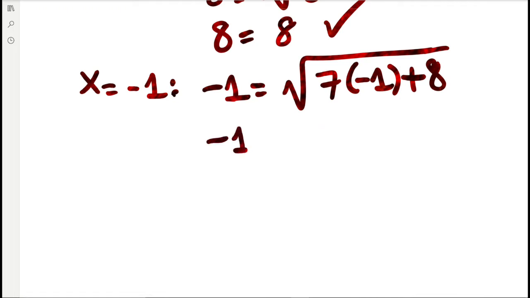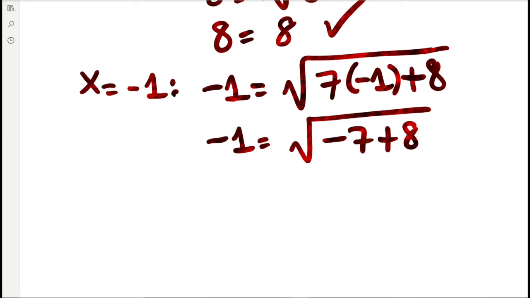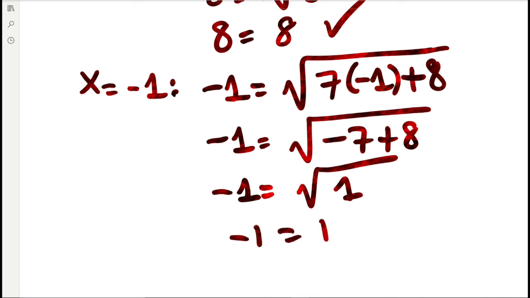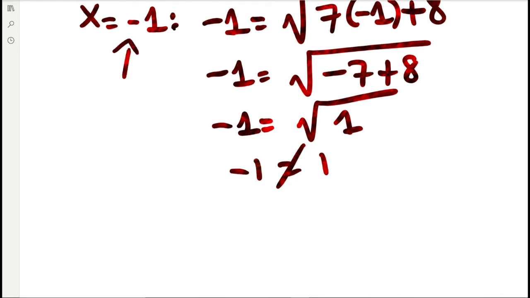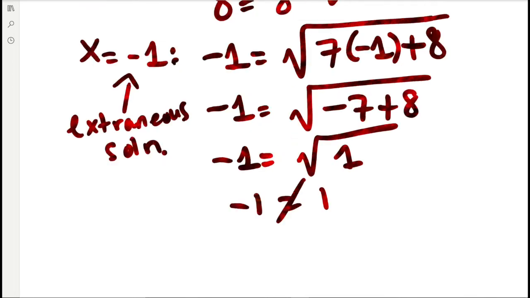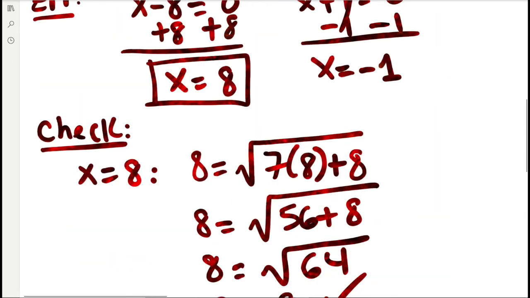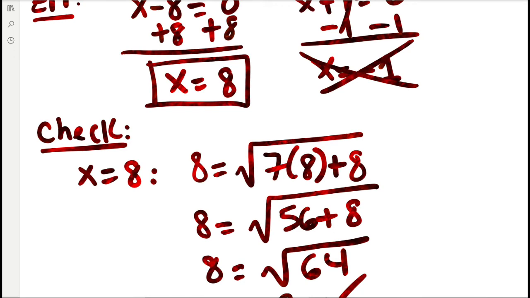So negative 1 equals square root of negative 7 plus 8. Negative 1 equals square root of 1. Negative 1 is equal to 1, which is not true. So therefore, this is an extraneous solution, which means that this is not a solution.